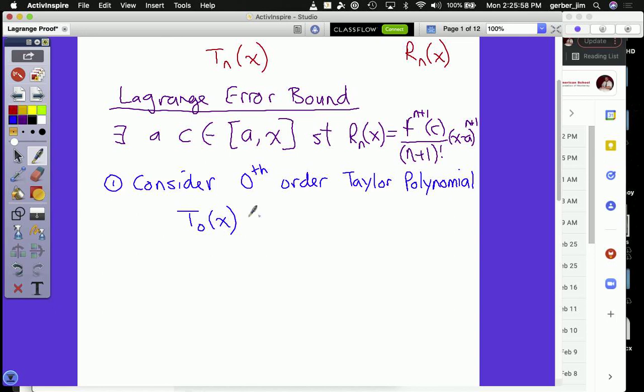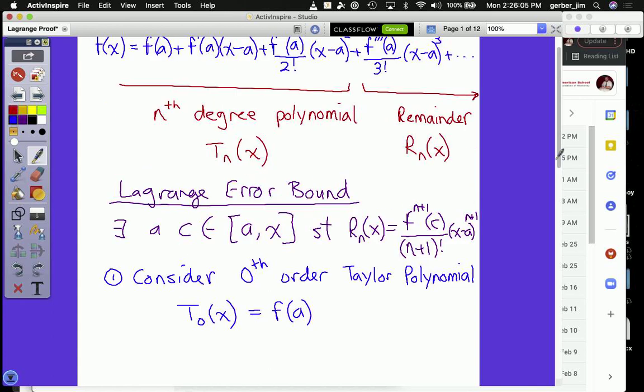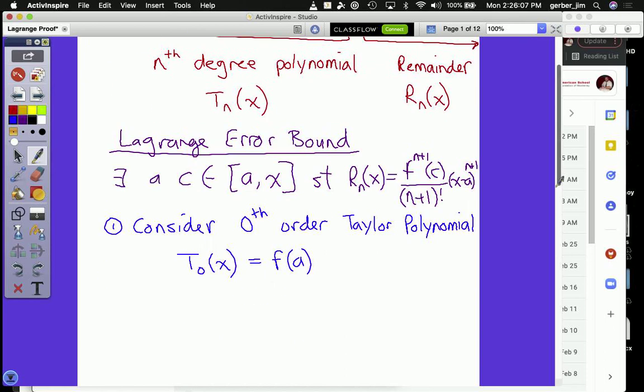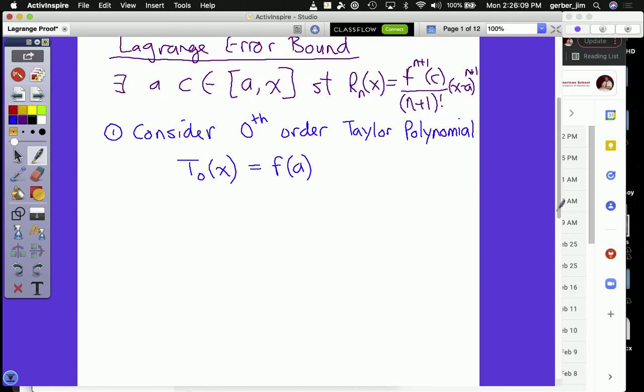And t sub 0 of x, of course, is just the first term in our polynomial. It's just our f at a from up at the top. So t sub 0 of x is f at a, and r sub 0 of x is what's left over.